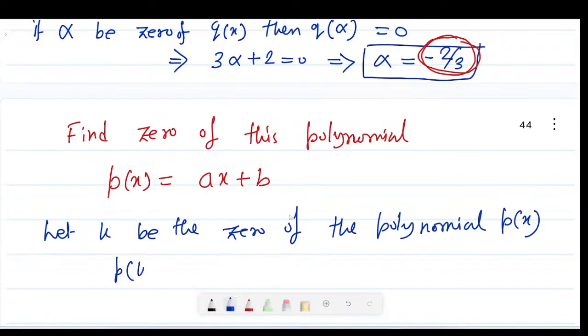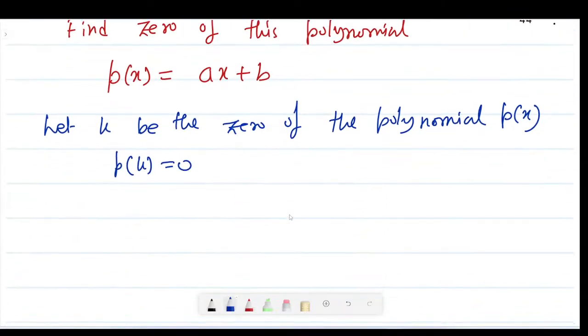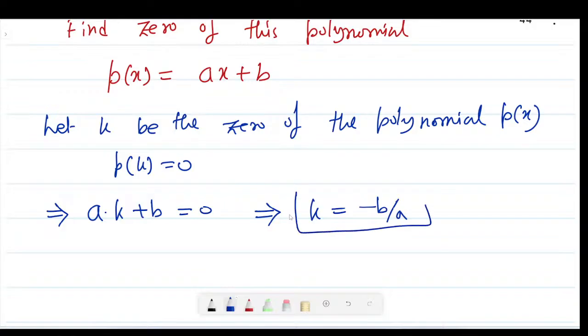Then p of k will be 0. And now we just put the value here. p of k means we just substitute x by k in this polynomial. So that will be a into k plus b equals 0. Now we just have to find the value of k, that will be minus b by a. So minus b by a is the zero of the polynomial p of x.